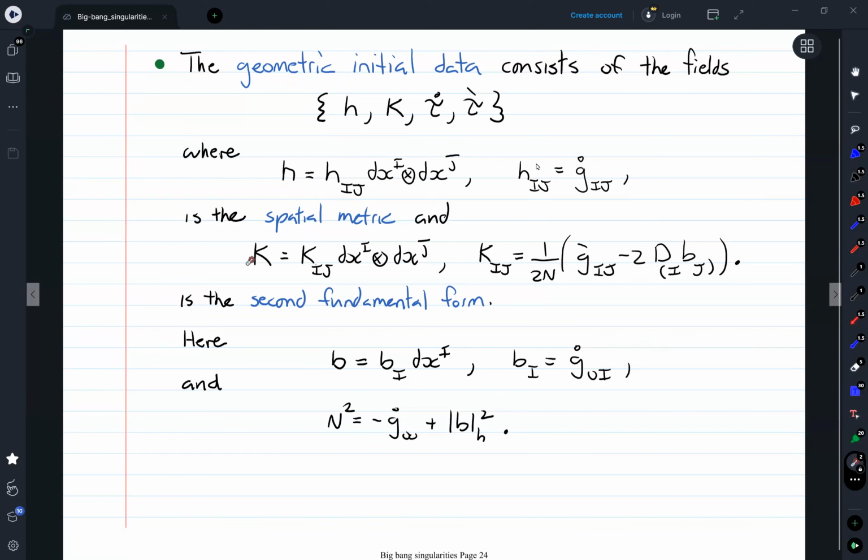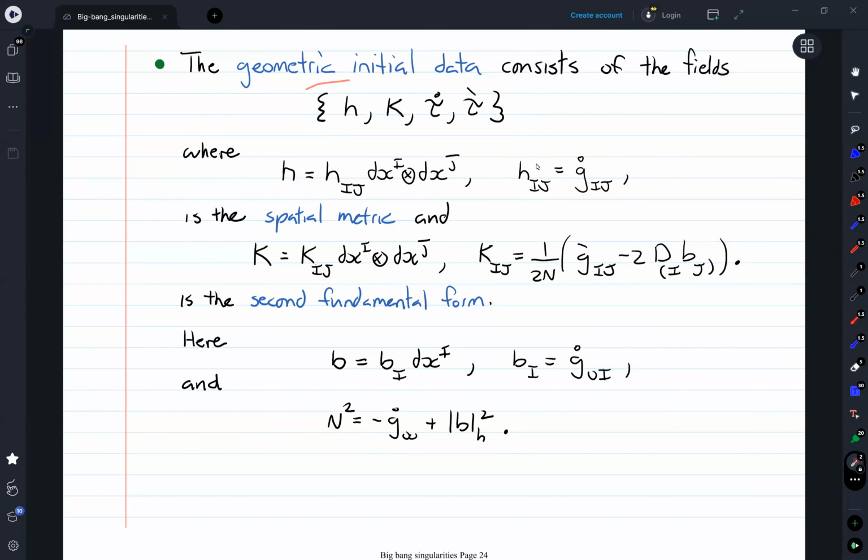And then you have this other thing called the second fundamental form, which is derived from this formula here, and you can construct all these fields out of the space-time metric. But the important part to take away is K is really just like the time derivative of the spatial component of the conformal metric. Okay, so the key point about that is that this initial data is the physical initial data.